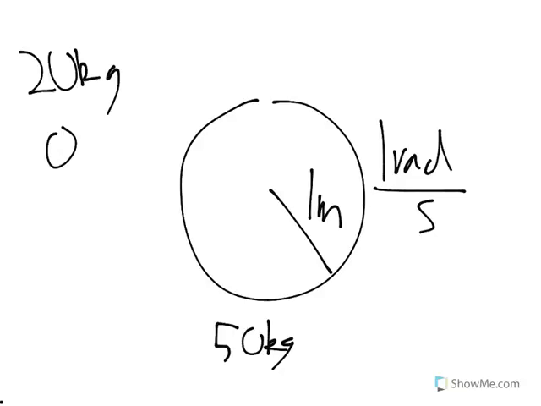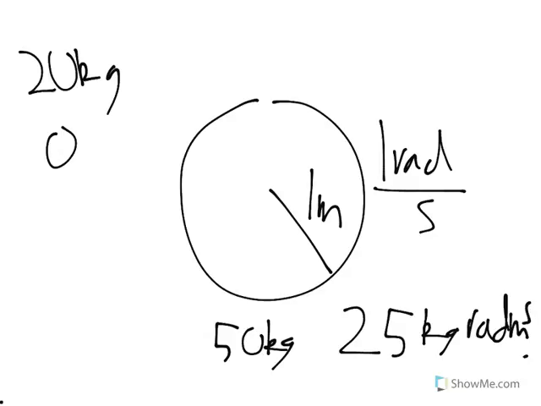Plugging this into the equation, we end up with 25 kilogram radians meters squared per second. I'm not going to write this out in the future. We'll remember that those are our units for angular momentum, but it's a real pain to write out. So we'll just add it back in at the end and only add together terms that are angular momentum.